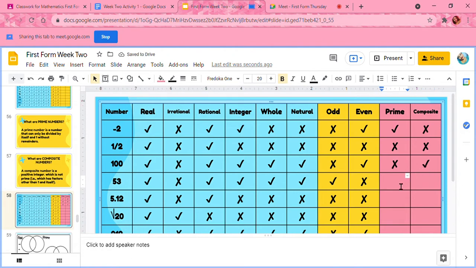All right? 53. Is it prime, composite, or none of them? Prime. So it's a prime number.